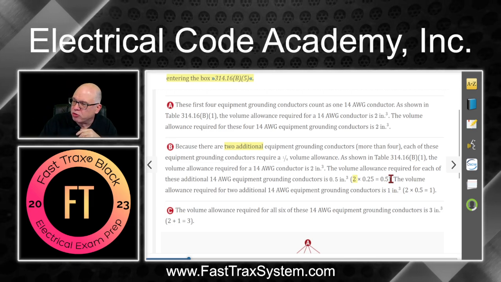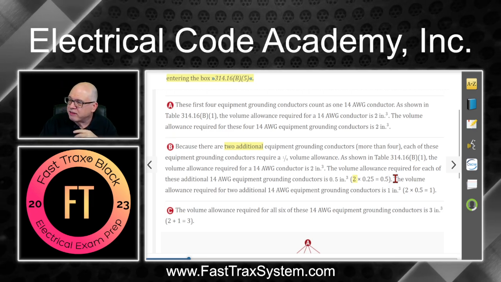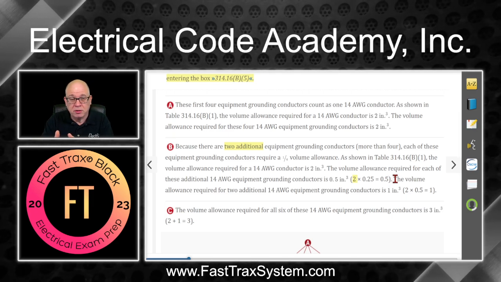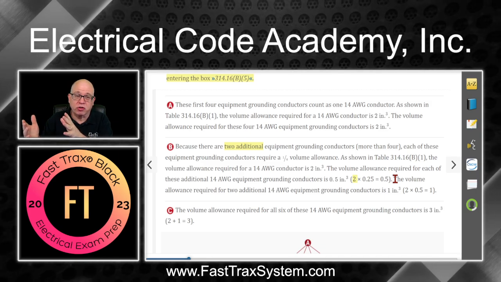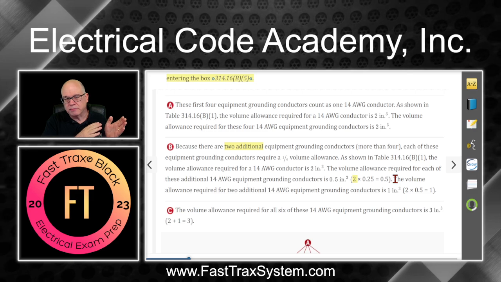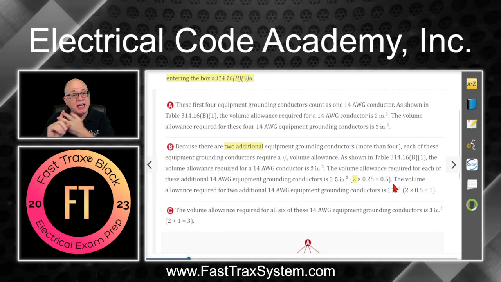All right, so we have to do that for each. So we had 2 of them, remember, over 4. We had 6 total. So it's 0.5, which is a quarter volume of the actual volume for a conductor, which is 2.00 because this is 14 gauge. So we had to do that for each conductor. So it's 0.5 for the one, and then 0.5 for the other one.